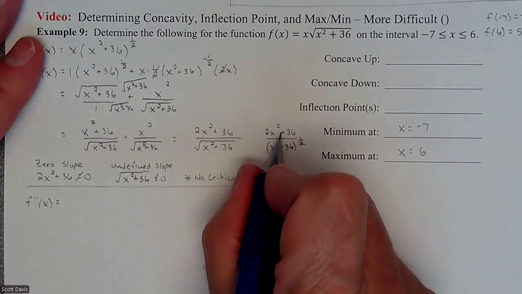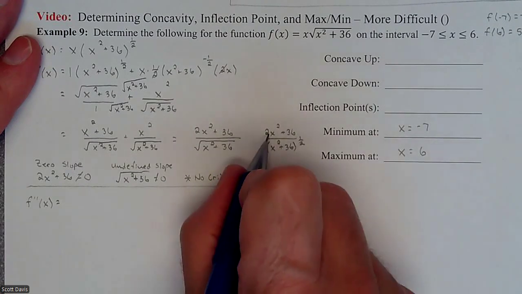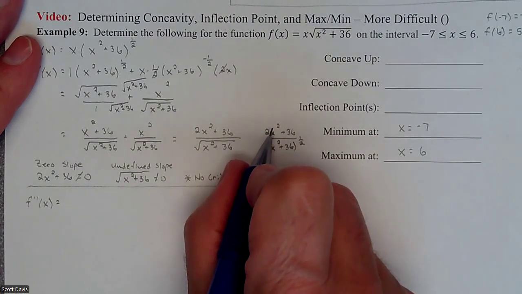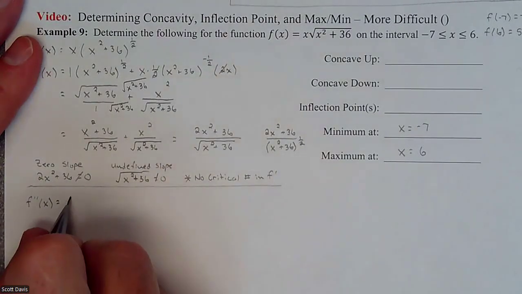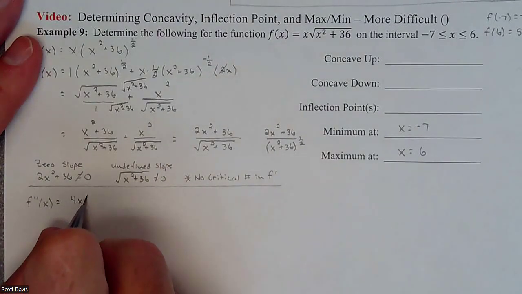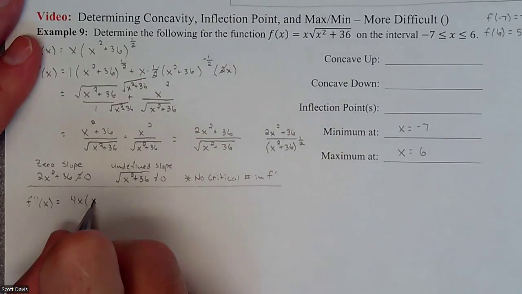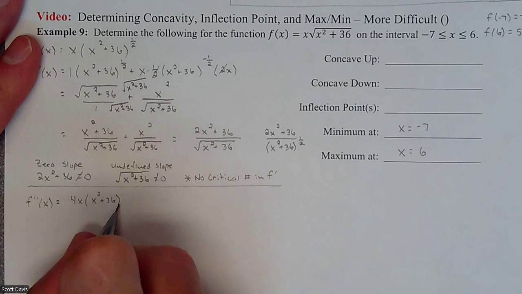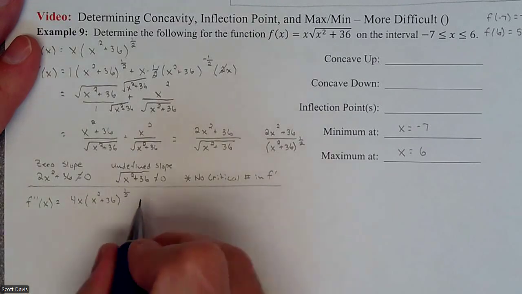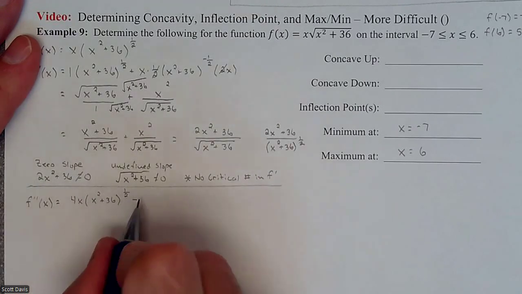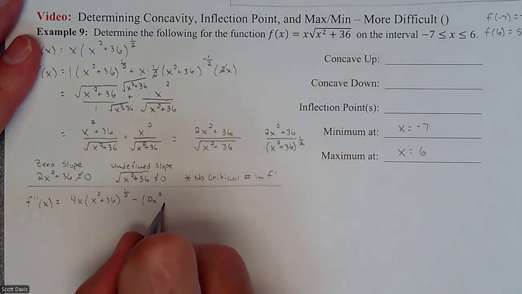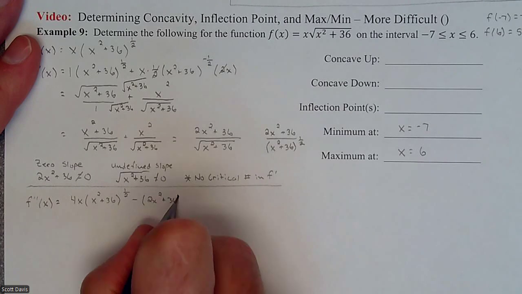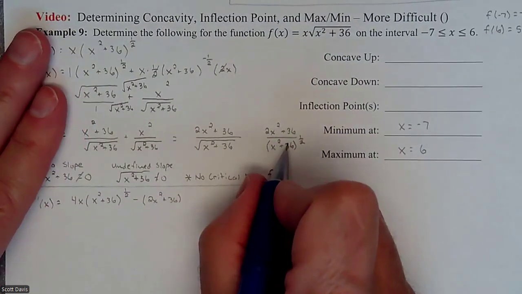So if I start to do the derivative of the top times the bottom, I'm looking at a 4x times the denominator, x squared plus 36 to the 1/2 power. So the derivative of the top times the bottom minus the top, 2x squared plus 36 times the derivative of the bottom.